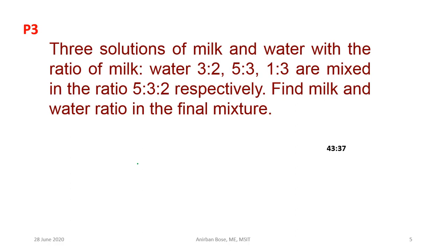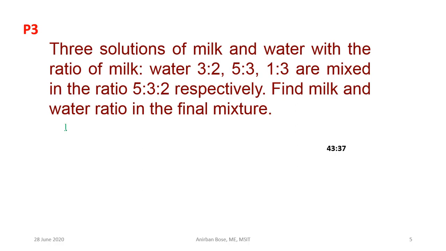Three solutions of milk and water with the ratios of milk to water 3:2, 5:3, and 1:3 are mixed in the ratio 5:3:2 respectively. Find the milk and water in the final ratio. So this is a very general problem.